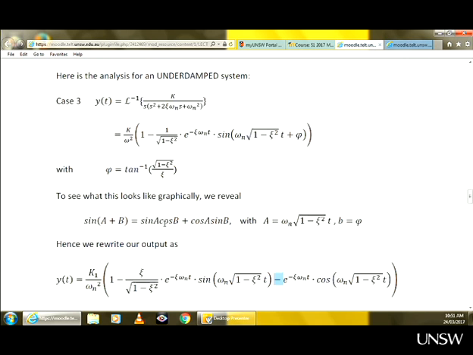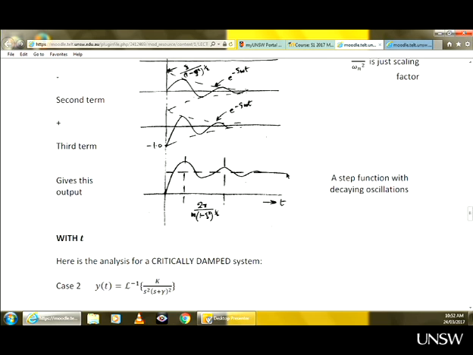So let's check once again here. This whole part is the transient part, because it contains that exponential e to the minus something. This is the steady state part, and because it is a constant, it is also a steady state value, or final value. So eventually, our output will settle at k over omega squared. Or omega n squared probably would be better.